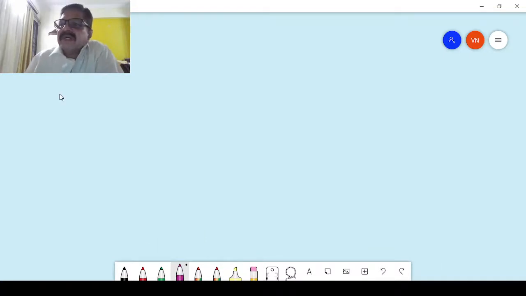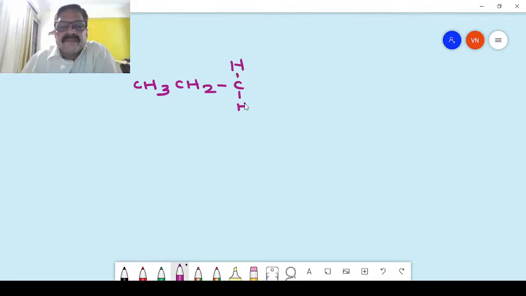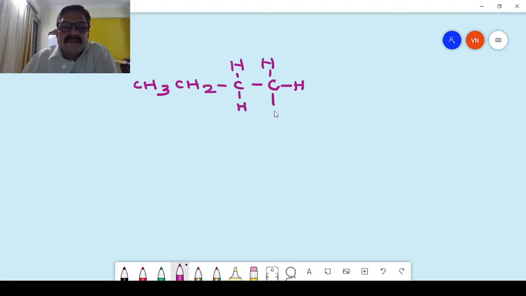So let us see one example. Basically, generally we are using removal of elements for HX. We use only bases. We will say, for example, another compound here, CH3CH2, then we have this compound here.